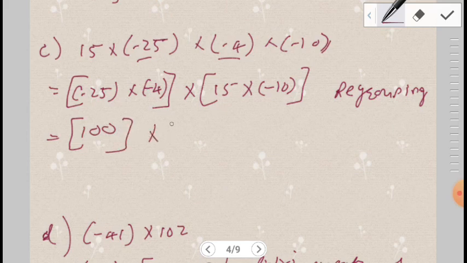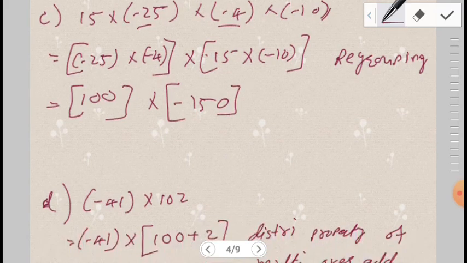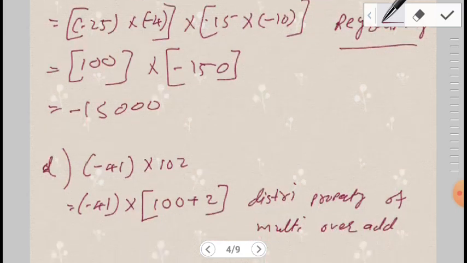Here again 15 multiplied by 10, so I will get 150 and plus minus minus. So 100 multiplied by minus 150, I will get minus 15,000 using the property of regrouping.